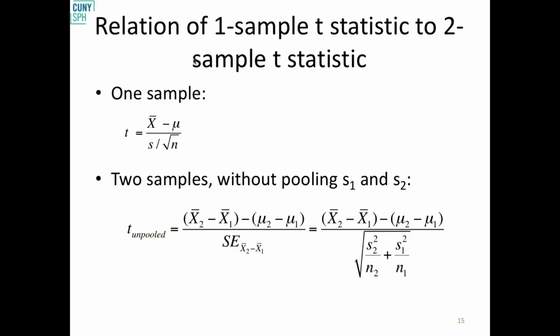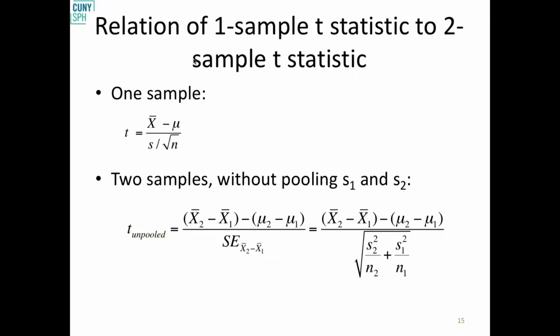This is a situation where we're not adding them all together and recalculating. We're taking the standard deviation of sample 2, squaring it, that's the variance, remember? Dividing by the sample size for group 2, adding it to the standard deviation of group 1, squared, divided by the sample size for group 1, adding them all together and then finding the square root of that. So that's kind of taking this standard deviation, dividing it by the combined sample size.